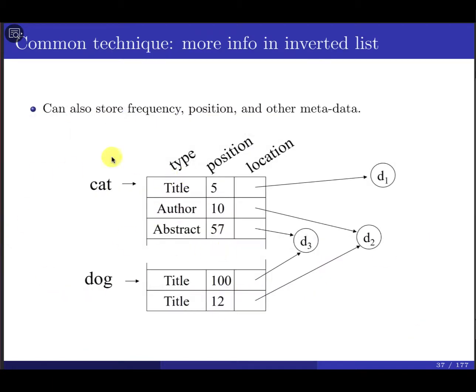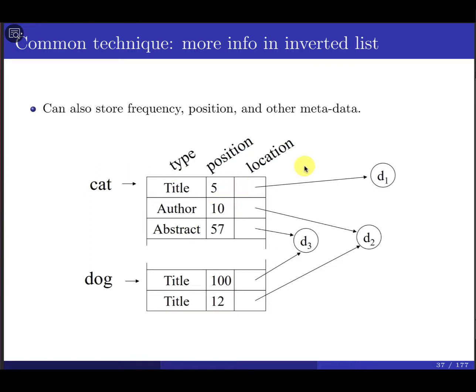This is just an example of what the counter or the extra metadata is that we need to store in the index in order to answer this kind of query. The type, for example, where this information can be stored: either in the title, the author, or the abstract. The exact position means this word can be, for example, in document 1, in position 1.5, the line of the 5th word in the document.